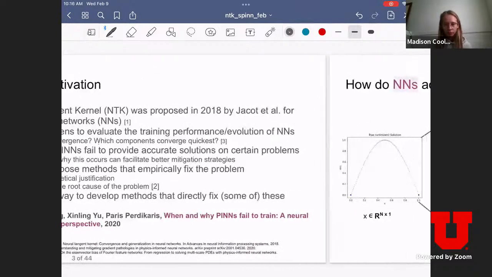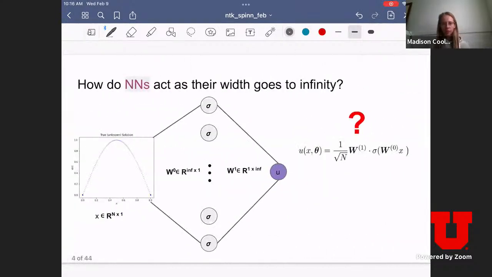Okay. So the neural tangent kernel for traditional neural nets, which I'll talk about first and then get to physics-informed neural nets. A lot of this theory, or at least most of it, is dependent on the assumption of infinite width. So we're assuming that the width of the hidden layers in the neural nets approaches infinity.